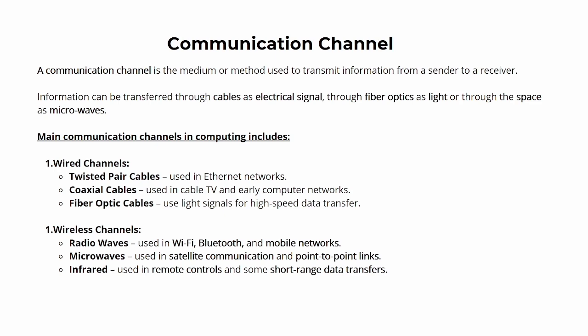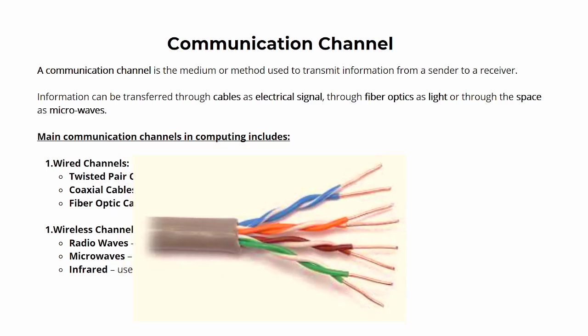The main communication channels in computing include the wired channel. In a wired channel, data signals are transferred as electrical signals or as light in fiber optics. In wired channels, we have twisted pair cables.